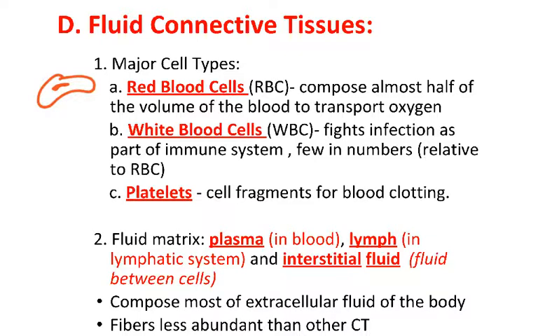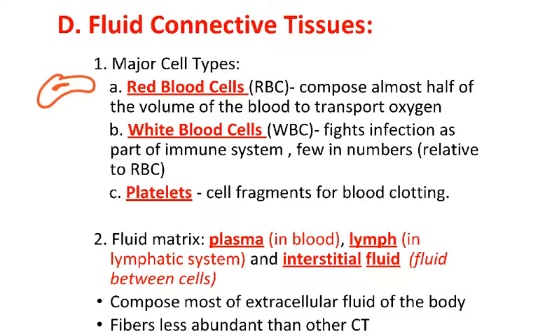And red blood cells compose almost half the volume of blood, and their whole job is to transport oxygen around the body. Their red color comes from the hemoglobin protein inside of them that helps them move oxygen around, and that is what gives blood its red color. The fluid matrix around them is actually clear.